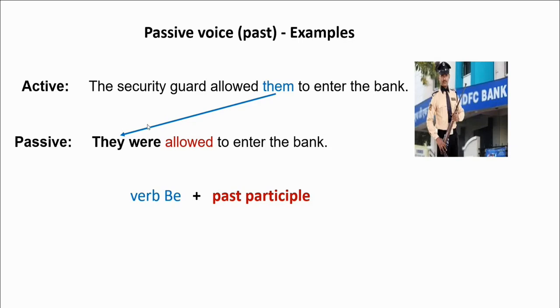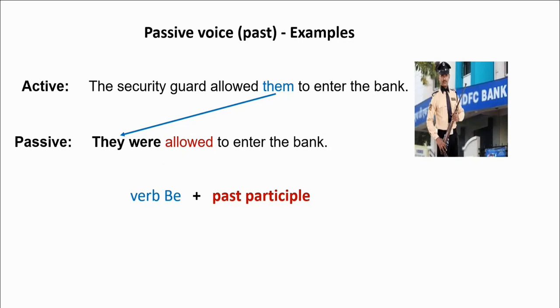Yes, again guys, they are the same. But it's only the same because it's a regular verb. Allow is a regular verb. But take note, this is the past simple, and in the passive, this is a past participle.